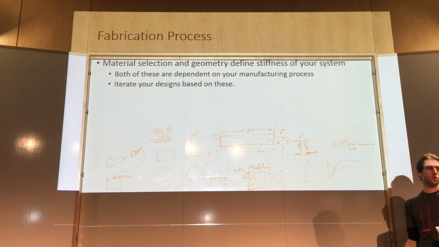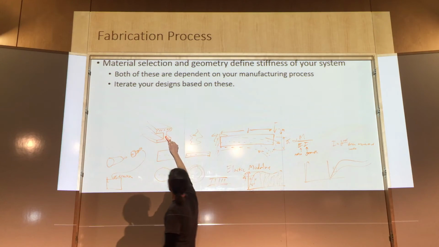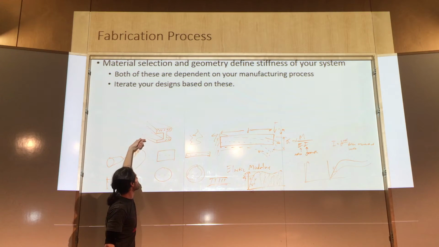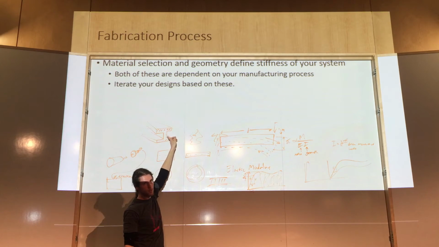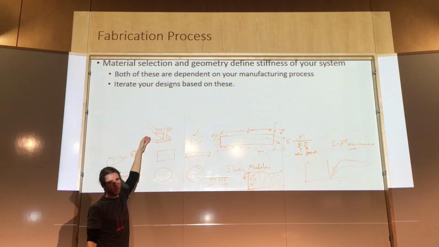Whereas if you're machining something, you need to keep track of how you're getting in there. Like, say I wanted to machine this I-beam. Well, say I start with a square, I need to be able to get in here and machine out that whole groove. And then I need to get to the other side and machine out that groove. So am I going to take this part and flip it and then machine it twice?